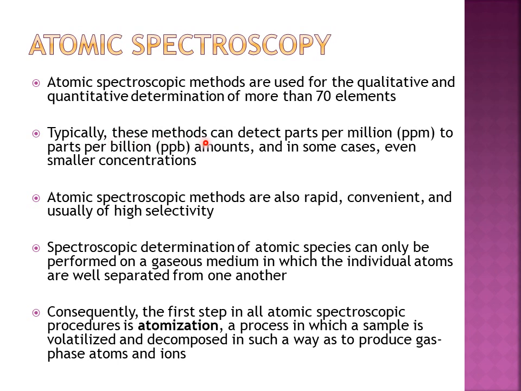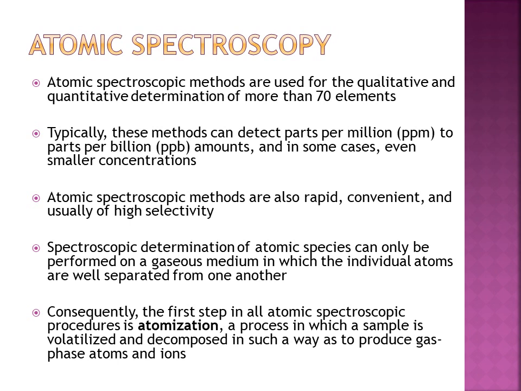Typically, these methods can detect from parts per million to parts per billion level, and in some cases even smaller concentrations. Means even very dilute solutions can be analyzed by using these atomic spectroscopic techniques. These methods are very rapid, easier to use, and they have high selectivity.